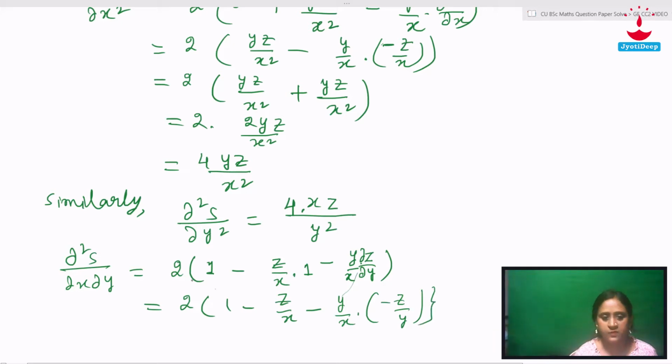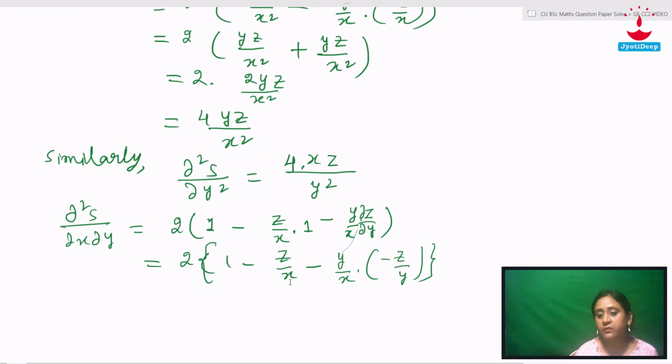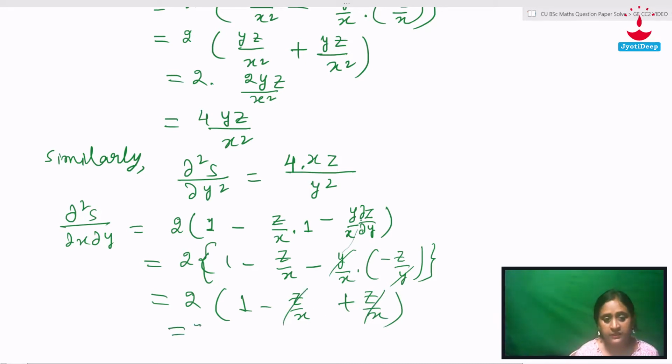We are using curly braces. So now we are going to simplify it. 2 into 1 minus z by x minus minus plus, this y and this y is cancelling out, so it will be z by x, again minus z by x plus z by x cancels, so it is 2, okay.